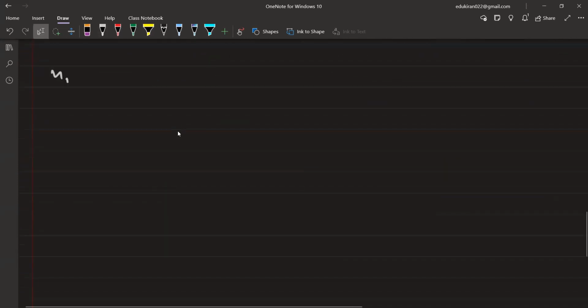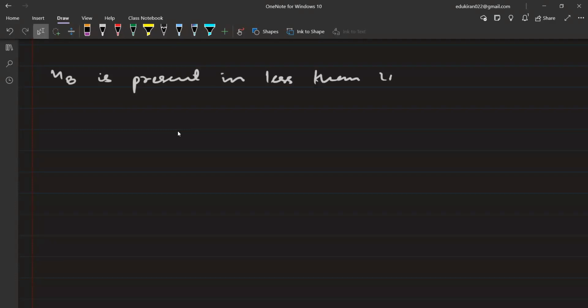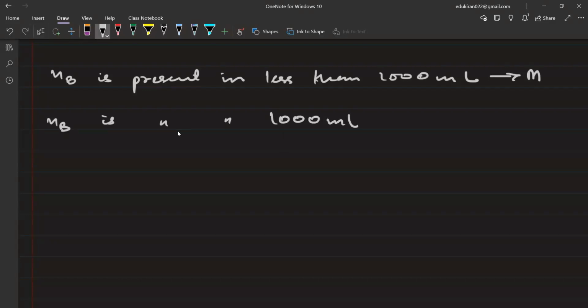One is the number of moles of solute present in less than 1000 ml. This is for molarity. And the number of moles is present in exactly 1000 ml. This is for molality. What do you think, which is greater, number 1 or number 2?